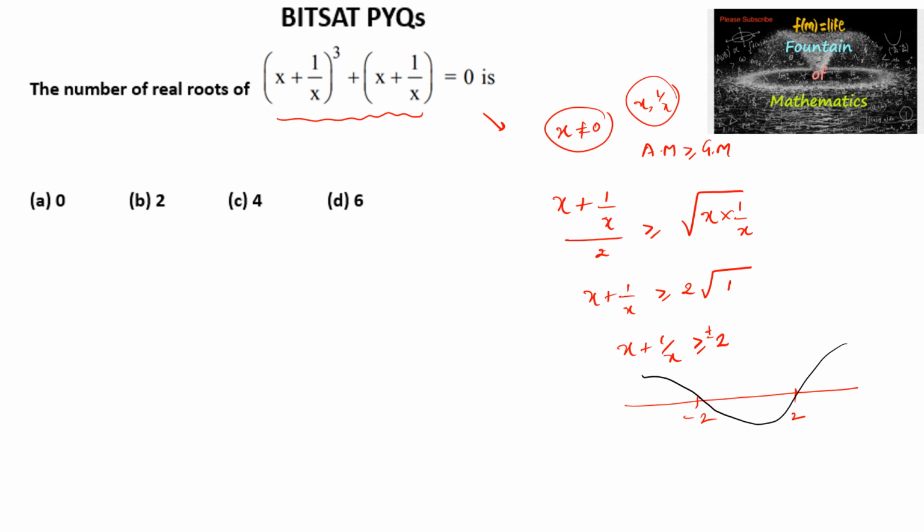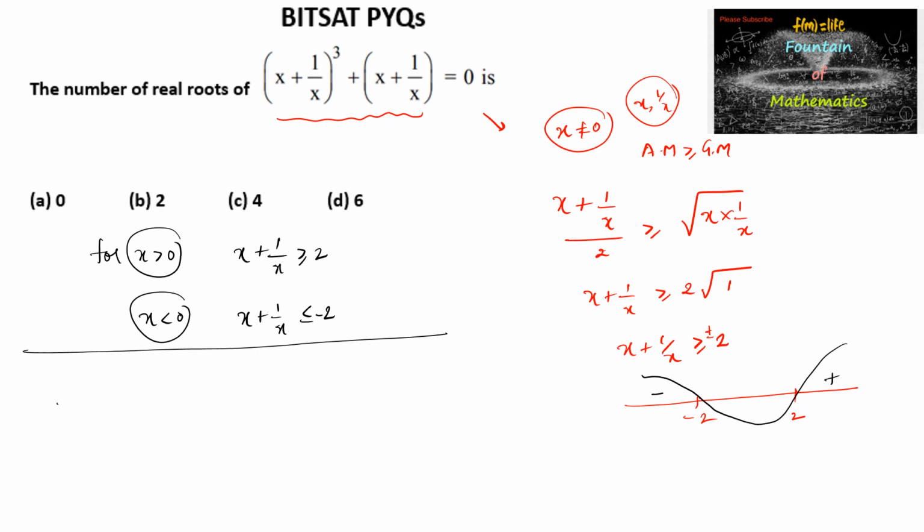So x plus 1 upon x is either greater than or equal to 2 or less than or equal to minus 2. For x greater than 0, x plus 1 upon x is greater than or equal to 2, and for x less than 0, x plus 1 upon x is less than or equal to minus 2. So this is one general property.